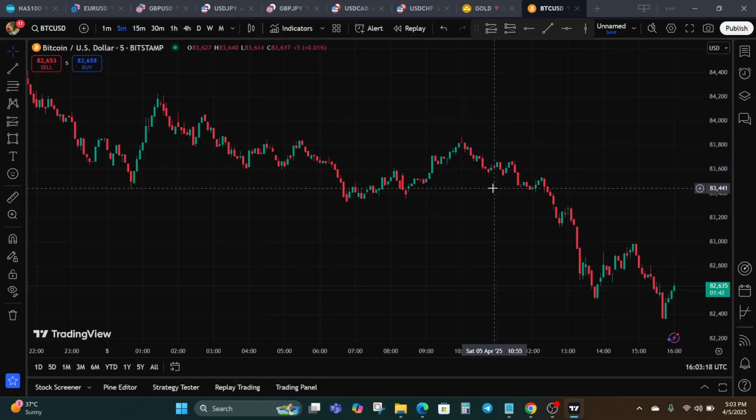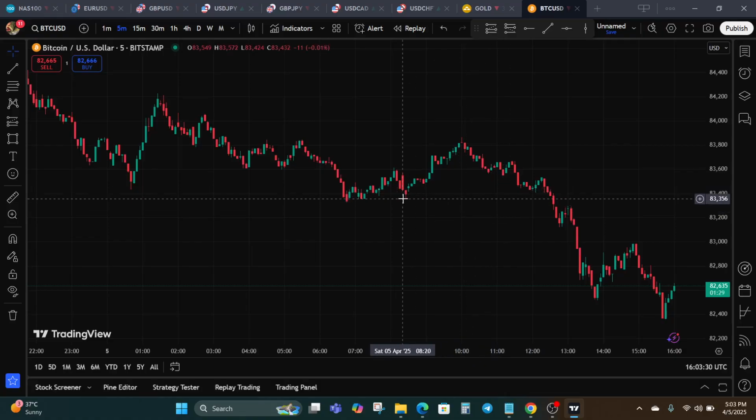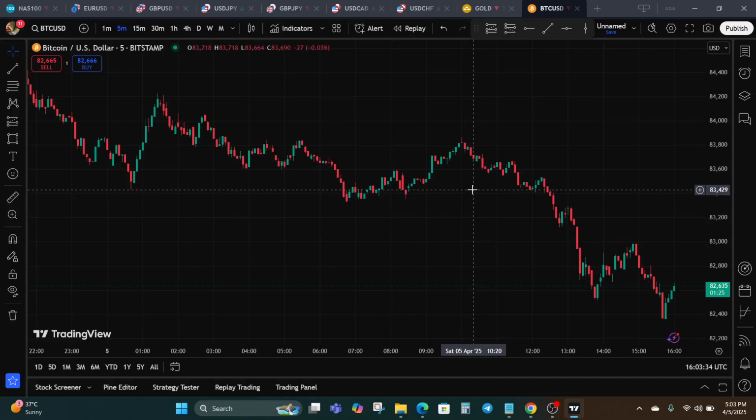It's especially effective for scalping, where you aim to profit from small, short-term price fluctuations. The key here is speed. The crypto market is known for its volatility, and the 5-minute chart lets you take advantage of those quick shifts without holding trades for too long.